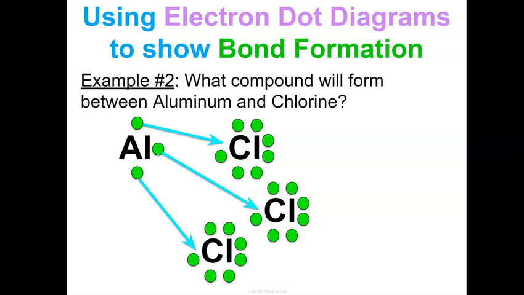And now, when we go to write the chemical formula, it's not a 1-to-1. Now it is a 1, 2, 3, which means the chemical formula is AlCl3. In order to make both of these guys stable, I need 3 chlorines, because you can't just give one up and leave it like that. That doesn't work.